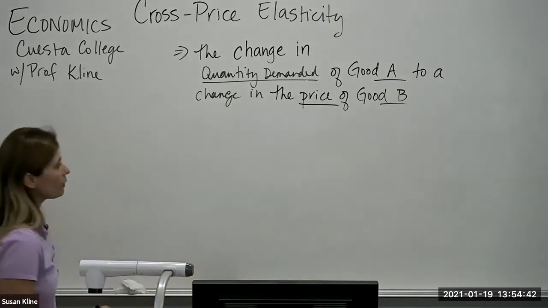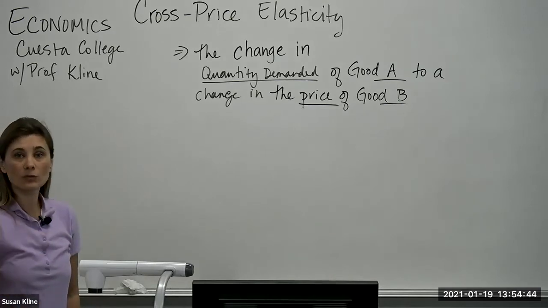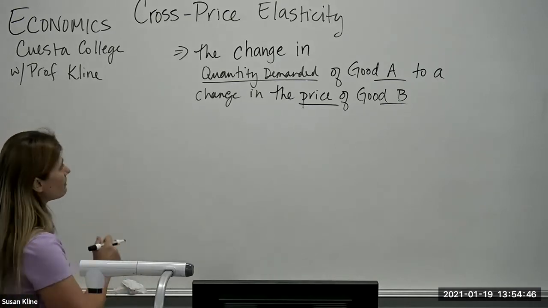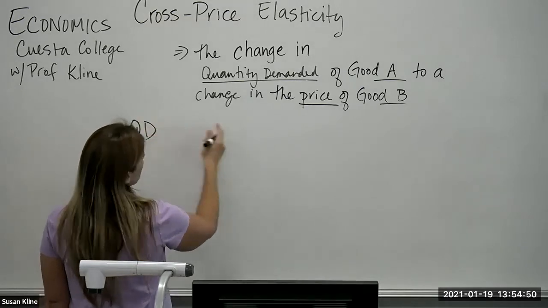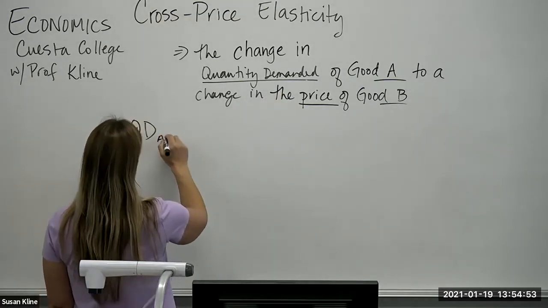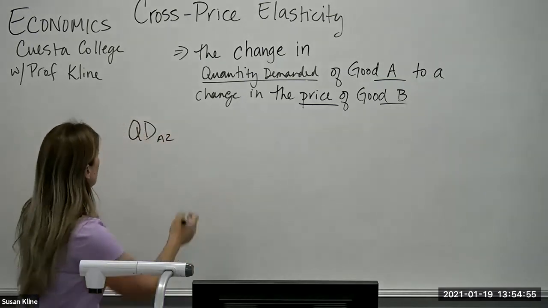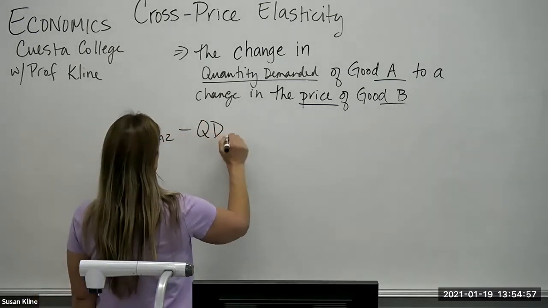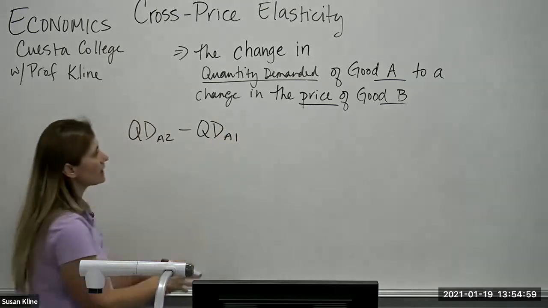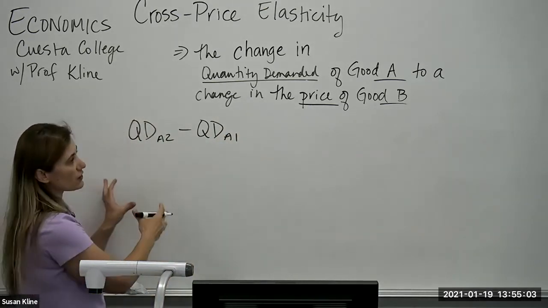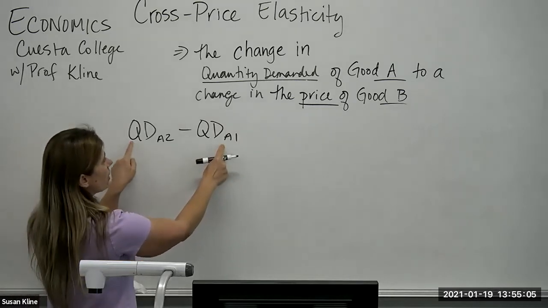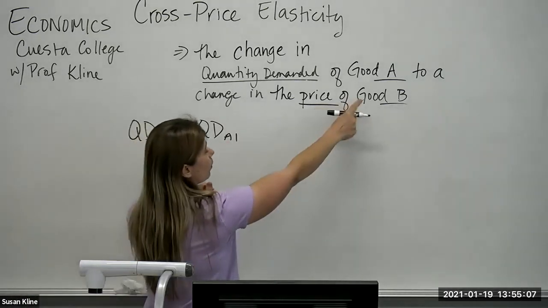So we'll start off with our midpoint method, all right? And so we're going to do the quantity demanded of, in this case, good A, right? Or you could say good B, and subtract what's going to happen. And I'm just going to label 1 and 2 so that we know whether it's the first or the second. And again, these don't matter as long as I match them with the price of 1 and 2.